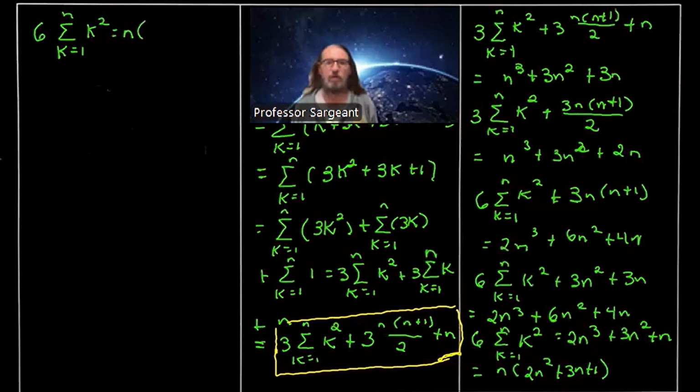Further factoring on the right-hand side, the quadratic that we have. And divide both sides by 6. Now we have the sum of the squares of the first n positive integers.